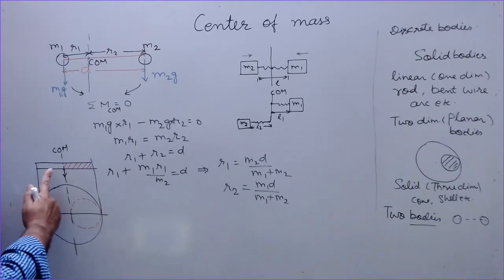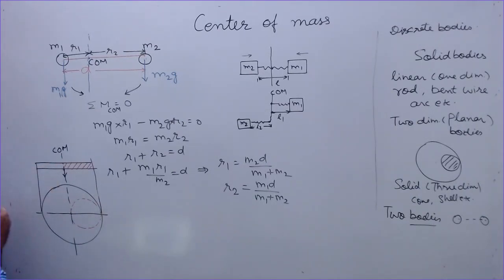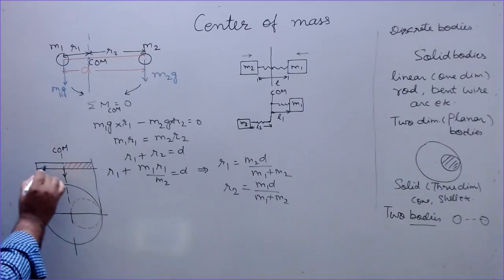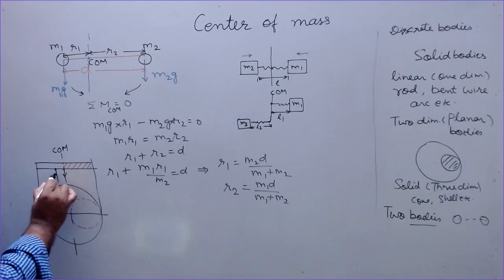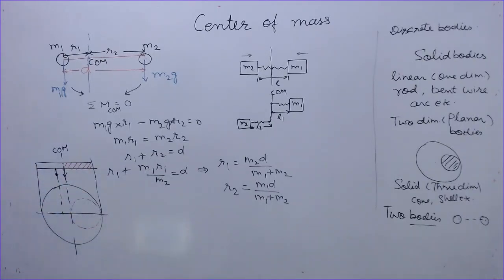If you want to balance it by applying the force, you have to apply the force in this direction where the mass is shifted. So somewhere here you will find a new center of mass. So center of mass is always shifted towards the heavier mass. This is about the introduction part of the center of mass.